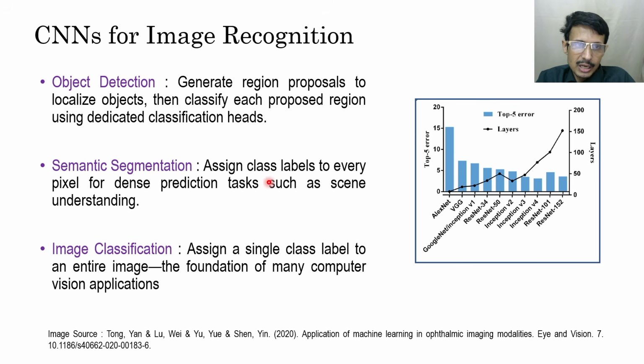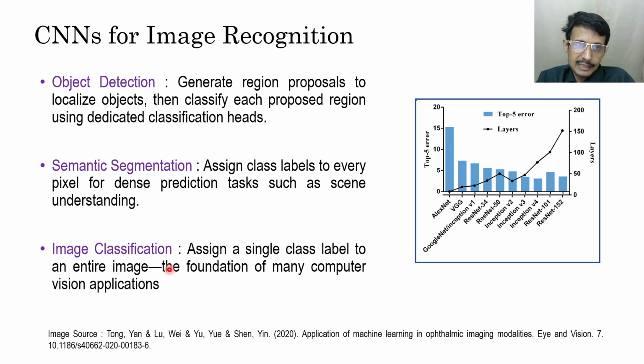Semantic segmentation assigns class labels to every pixel, whereas image classification is a single label for the entire image, a foundation for many computer vision applications. We see these things from a generative AI viewpoint.